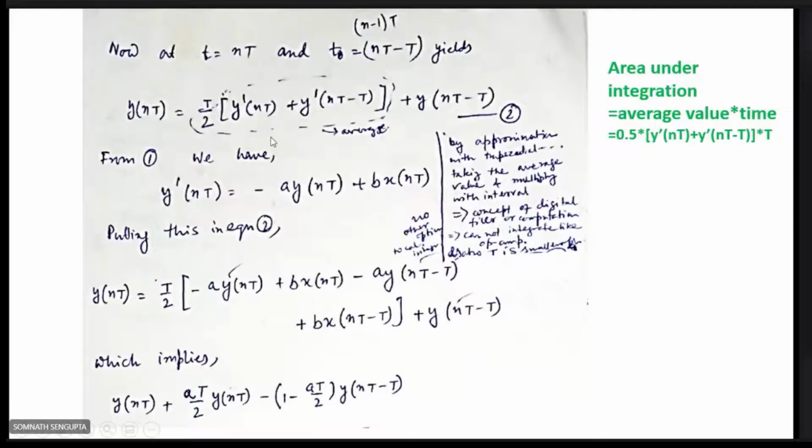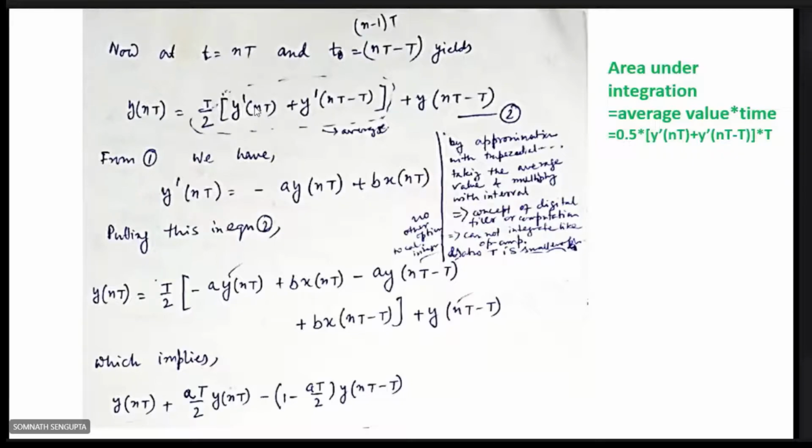There are 2 points, one point at nT, another point at nT minus T. Since the curve is y dash, that is the differentiation, so y dash nT plus y dash nT minus T, these are the two different values, and their average value is divided by 2.